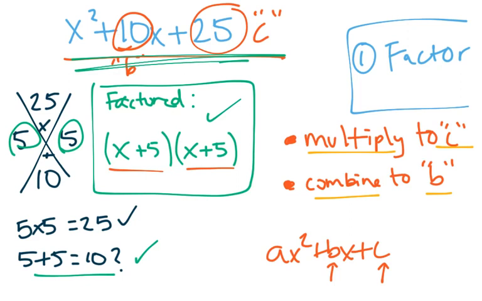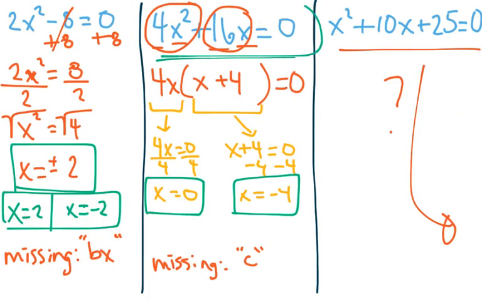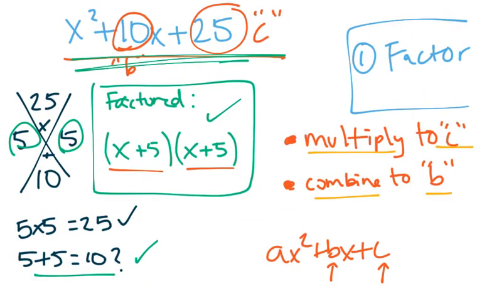Just like when we did this on the first page, if I factored this into 4x times x plus 4, and I were to put it back into the original form, I would have to distribute the 4x to the x and the 4x to the 4, and that would give me back my original. Sorry, I have a lot of scribbles now. This type of factoring, when you have a complete quadratic, can be checked or undone by expanding.